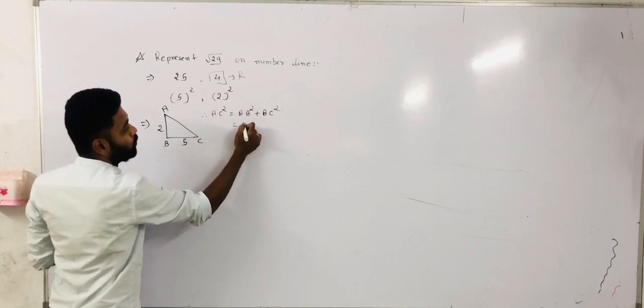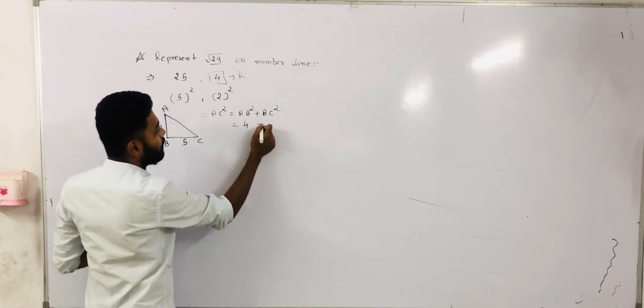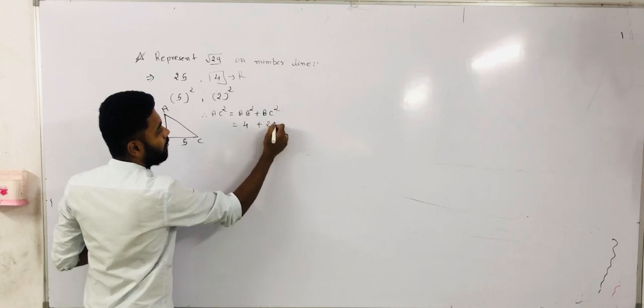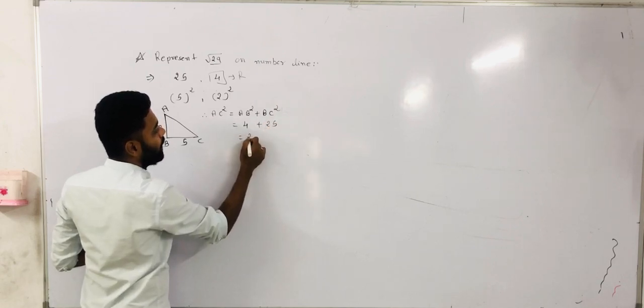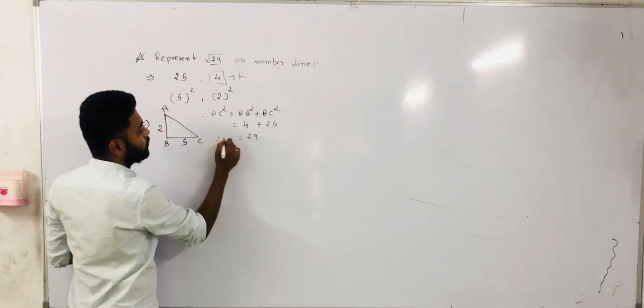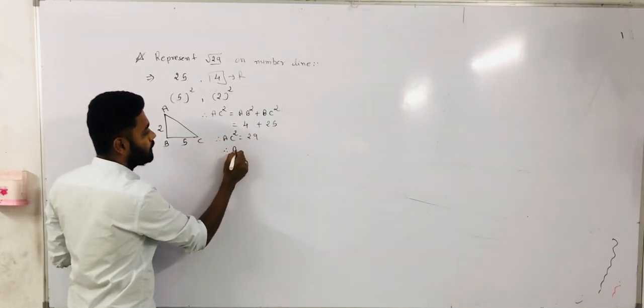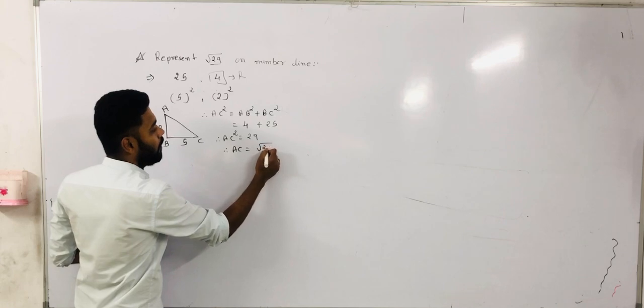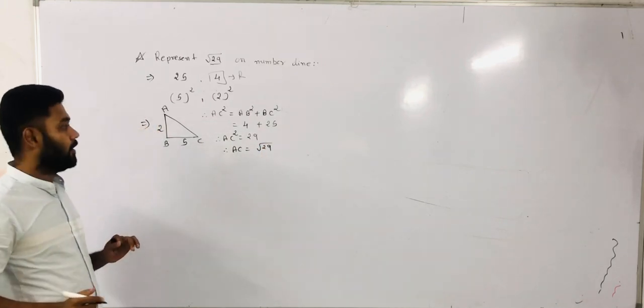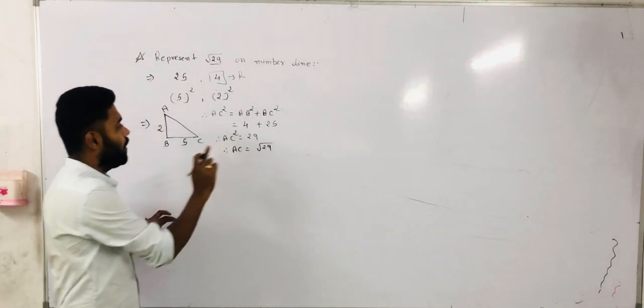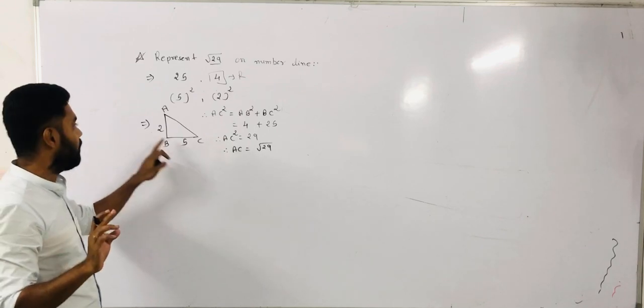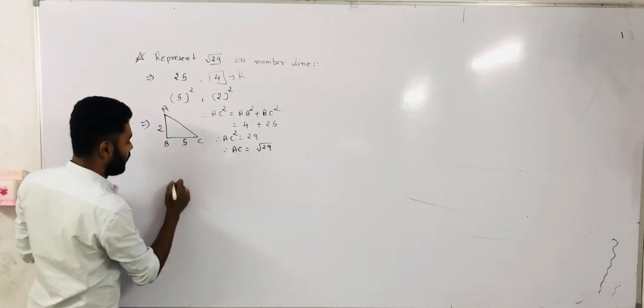AB square is 2 square, that is 4. BC square is 5 square, 25. So you will get 29. So AC square equals 29, so AC equals under root 29. So to represent under root 29, we have to take two values, 5 and 2, on the number line.